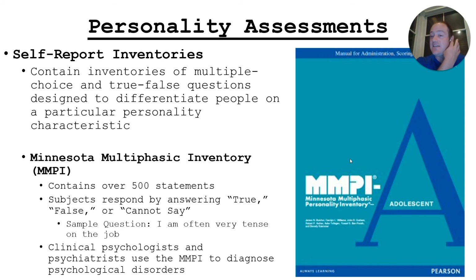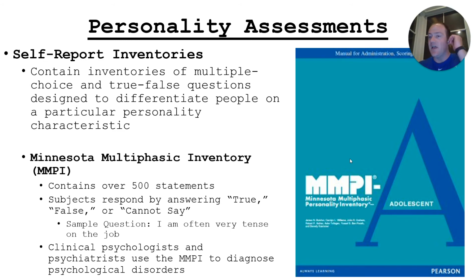The last type that we're going to talk about is what we call self-report or inventories. These are tests with a bunch of questions, and you essentially answer true, that does describe me, no, that doesn't describe me, not really sure, kind of in the middle, or maybe very true, somewhat true, neutral, somewhat false, very false.